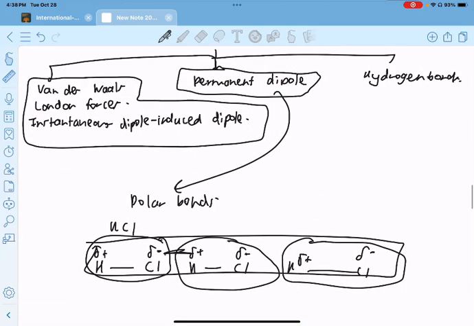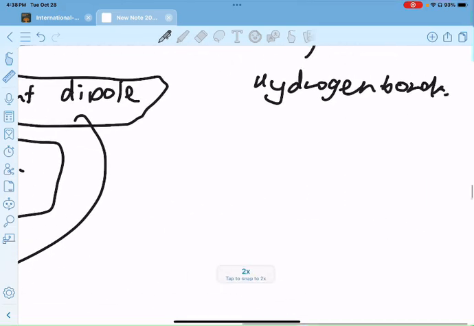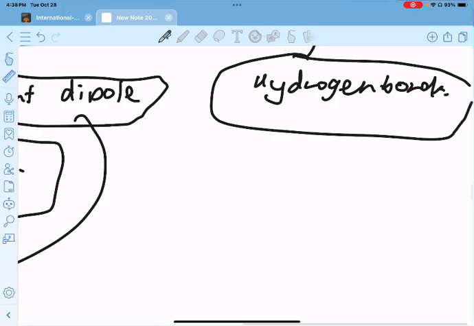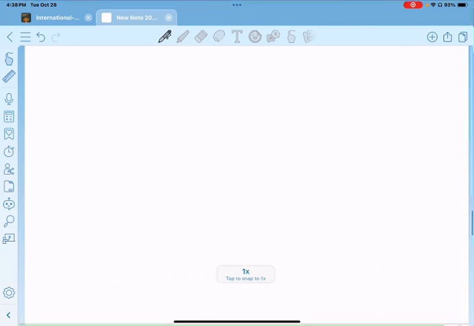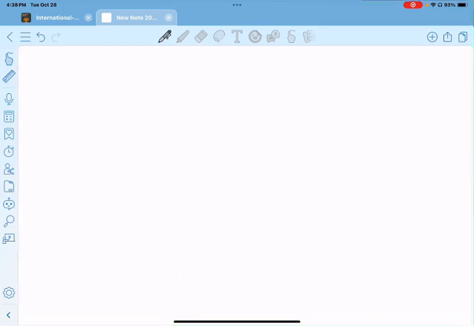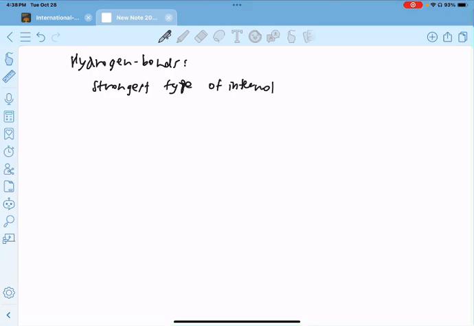Lastly, we'd like to talk about hydrogen bonds. Hydrogen bonds are the strongest type of intermolecular force, and essentially it's in the name itself.